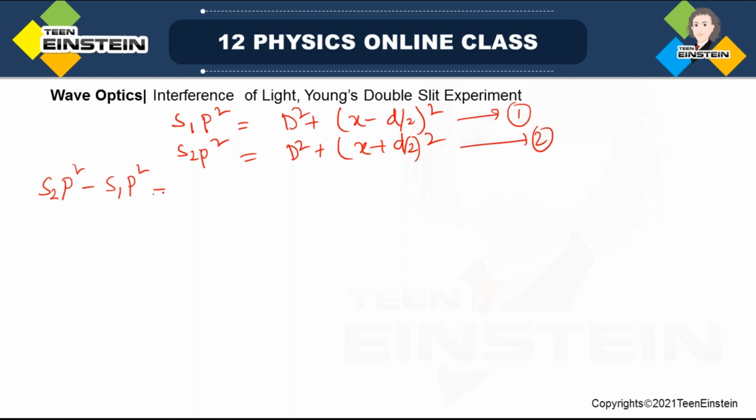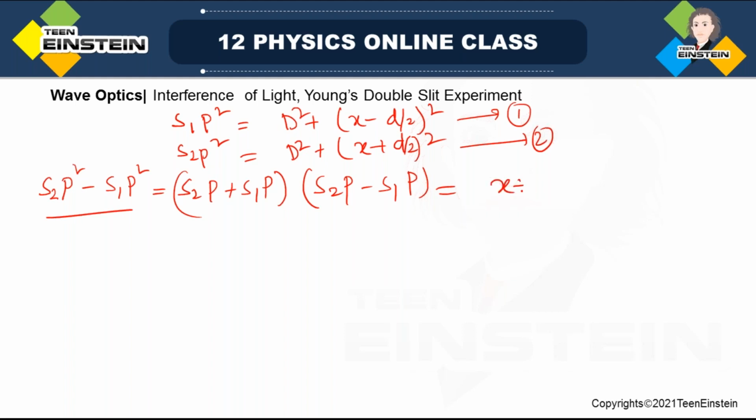Okay, so from here, S2P square minus S1P square is S2P minus S1P into S2P plus S1P, and this is equal to the difference. If you take the difference, how do you get it? You get X plus D by 2 whole square minus X minus D by 2 whole square.